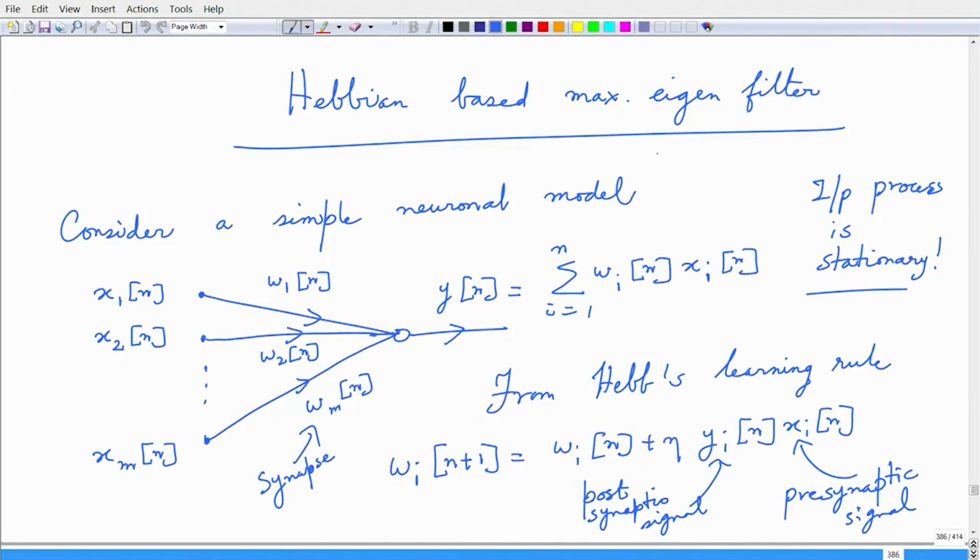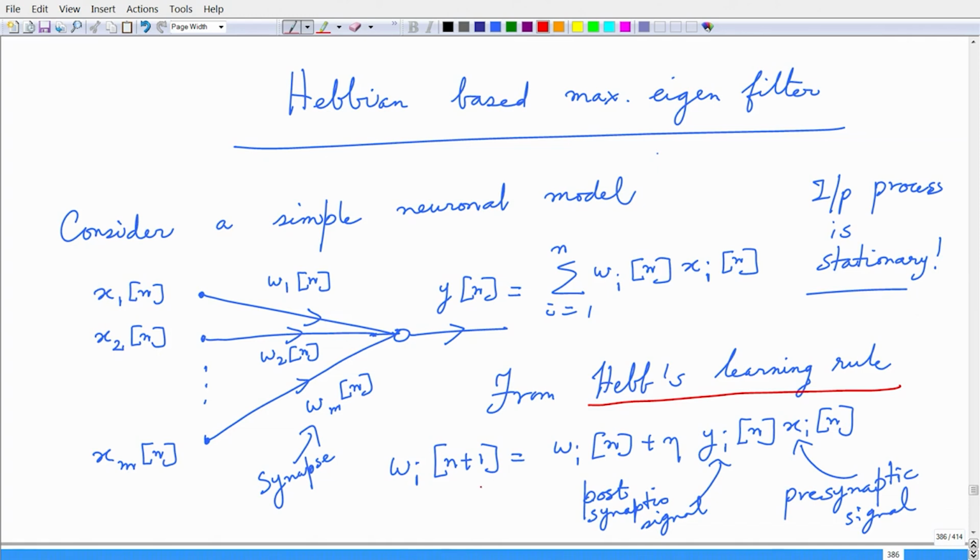From Hebb's learning rule, the synaptic update at time step n plus 1 is given by the weight at time n plus a quantity that depends on the presynaptic signal and the postsynaptic signal, right. I mean there is a strong correlation; the weight would be strengthened with the correlations between the inputs and the outputs, and that is what I have here.